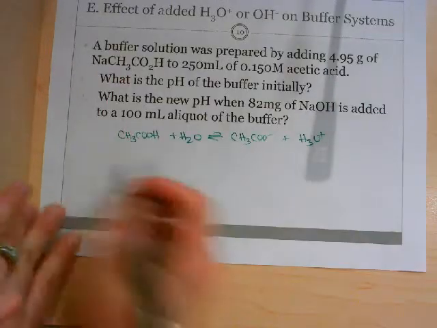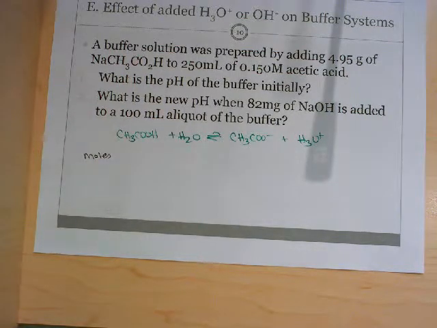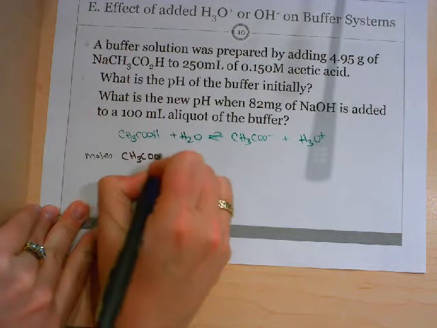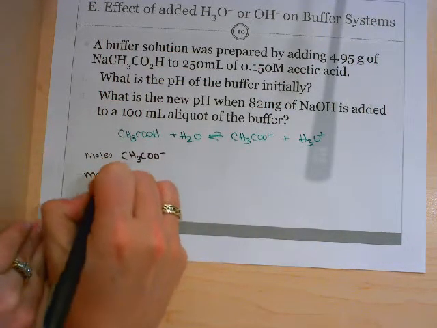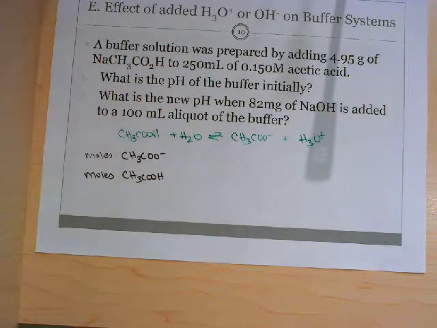Wow, I picked two really terrible markers in a row. All right, so I need to find the moles. Which one is easier to find from the information given right this second?